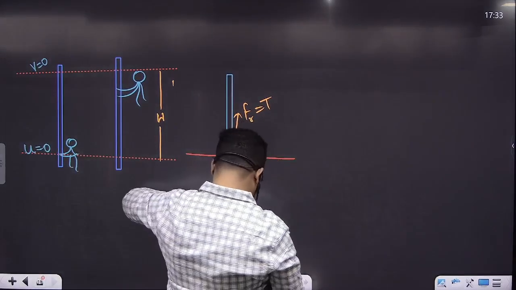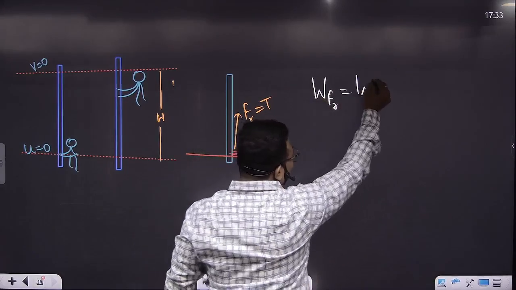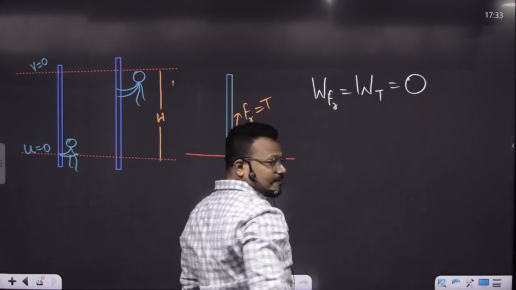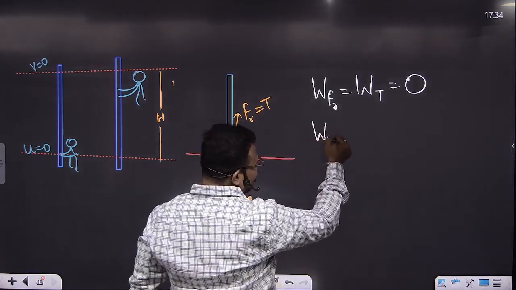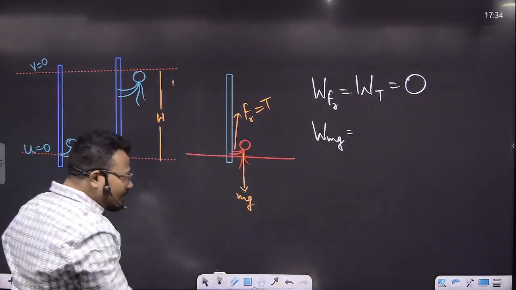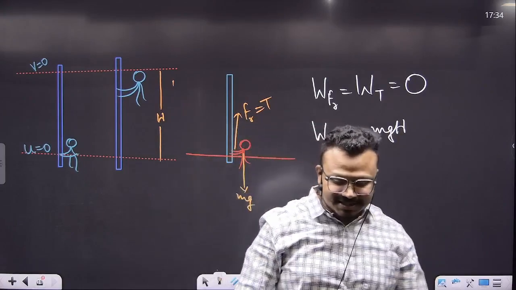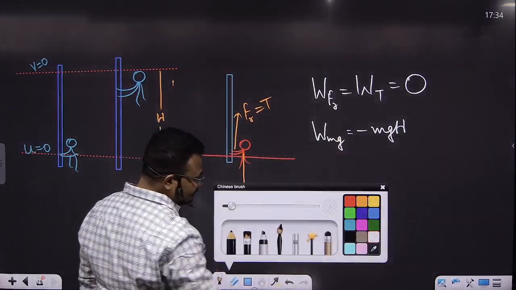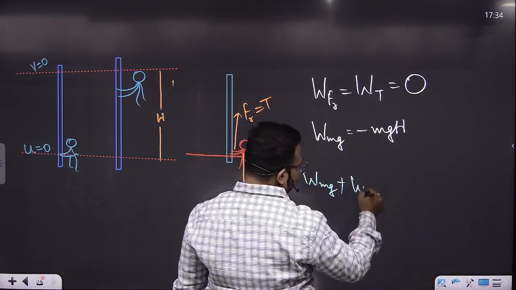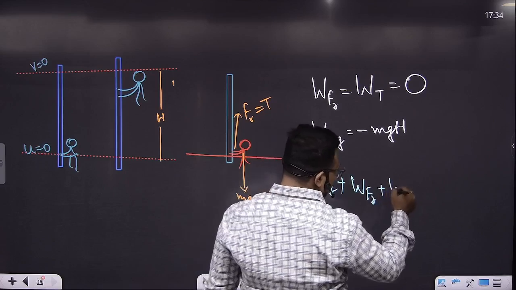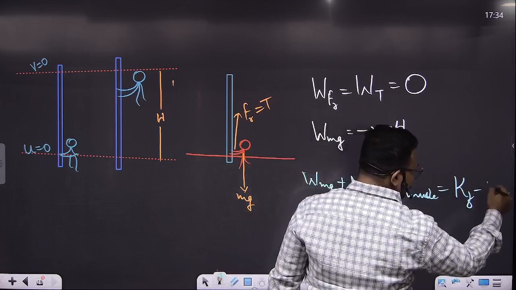So if we see very properly, work done by friction and work done by tension become 0. But work done by mg is also there. Mg is acting down, body is moving up, so minus of mgh. Now if I write this again, work done by mg plus work done by friction plus work done by muscle equals k final minus k initial.